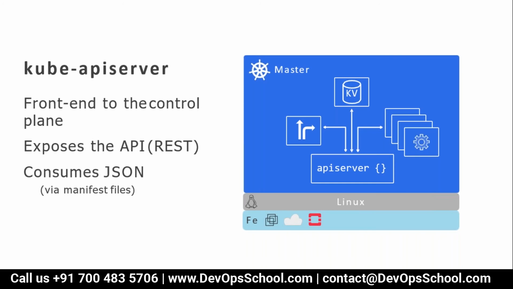So yes, you have to write a JSON file and send it to the API server for the API functionality you want, do the CRUD, and get your work done. So guys, one component we have in the master, out of 4, is the API server.